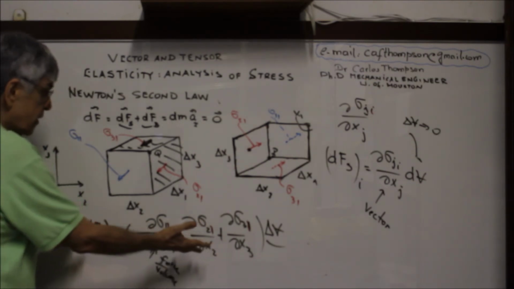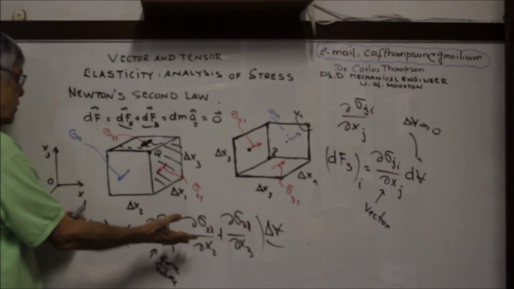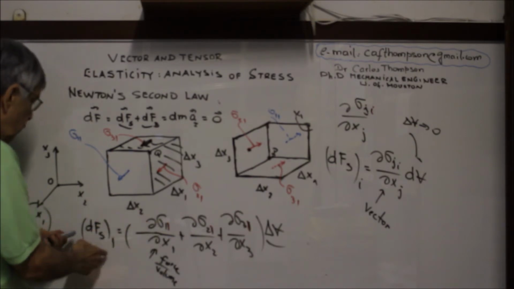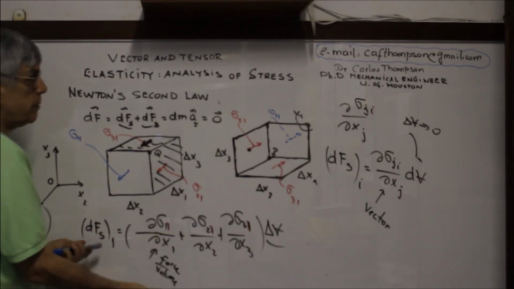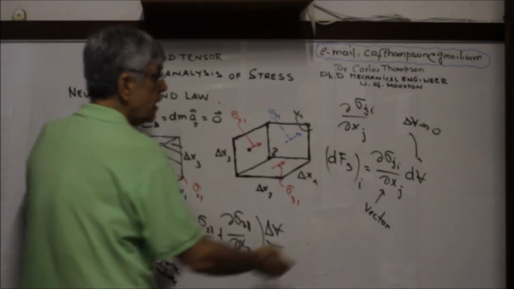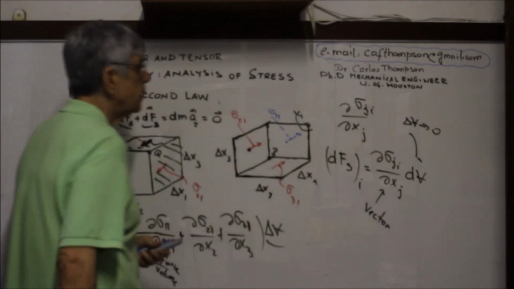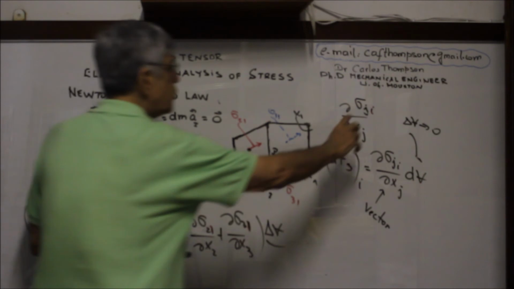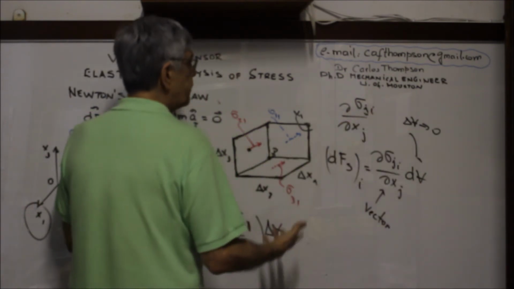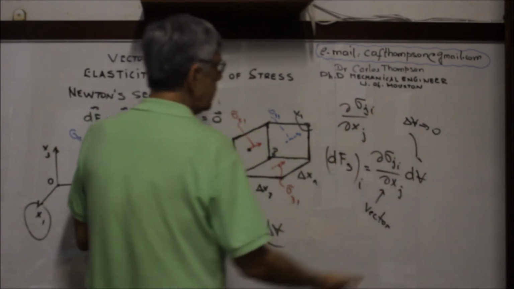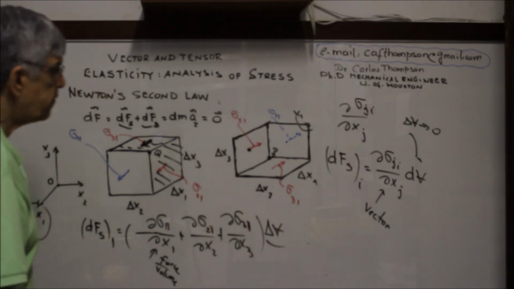It is worthless to do this for dfs2 and dfs3, because I'm sure if I do that, I'll find the same thing. And this is a summation. For the x3 component, this will be 3. So this is a vector.